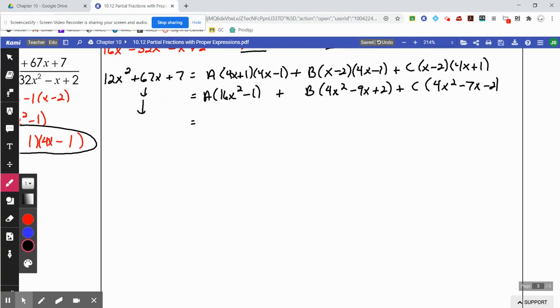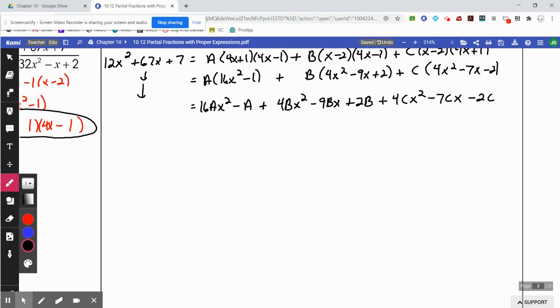We're going to distribute our a, and we have now 16a x squared minus a. Distribute your b is going to be plus 4b x squared minus 9bx and plus 2b. Distribute your c gives you a 4cx squared minus 7cx and a minus 2c.